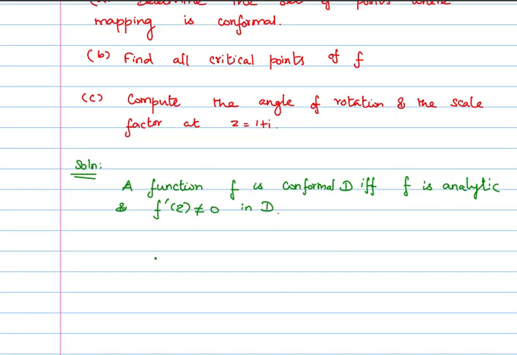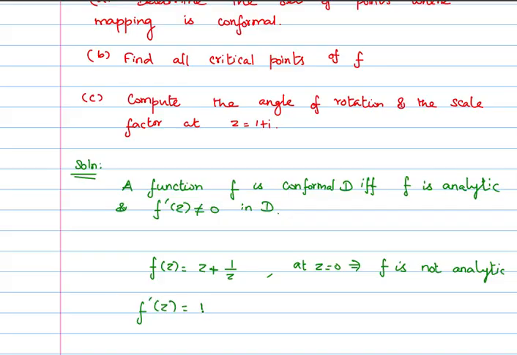So first of all, the given function is f of z equals z plus 1 over z. Clearly, at z equal to 0, f is not analytic. So at z equal to 0, the function is not conformal. Next, other than 0, the function is analytic, so now I am going to calculate f prime of z.